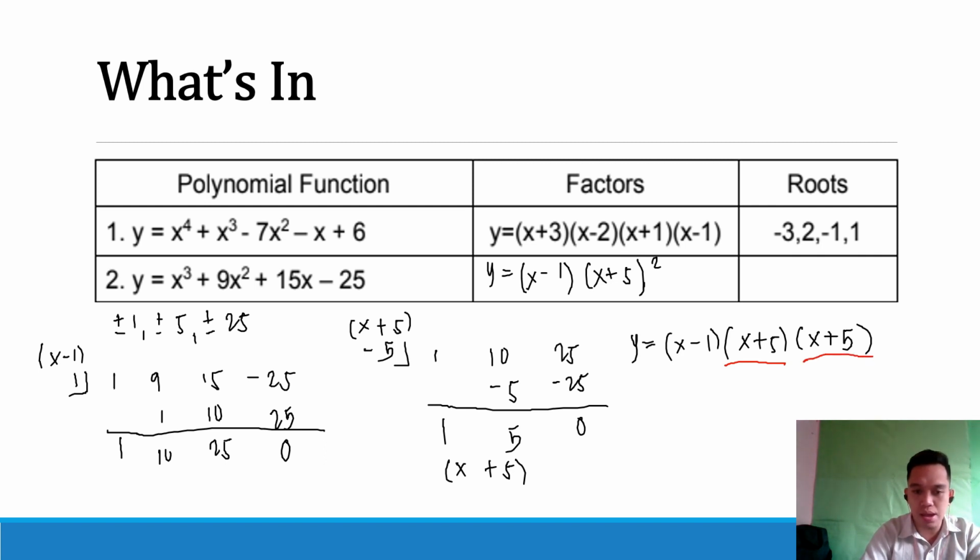So the roots here are 1 and negative 5. Negative 5 has a multiplicity of 2. So negative 5 with multiplicity of 2 is the other root of our polynomial function. Let's proceed now to the next slide.